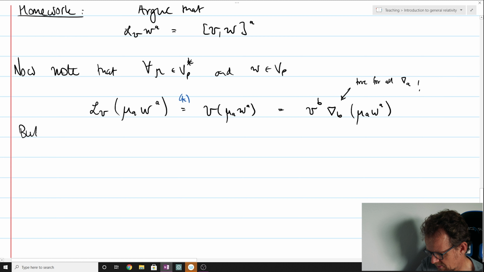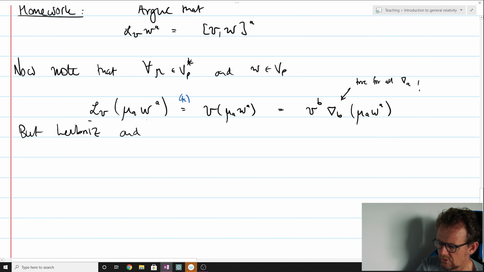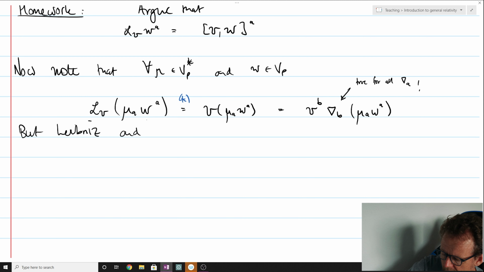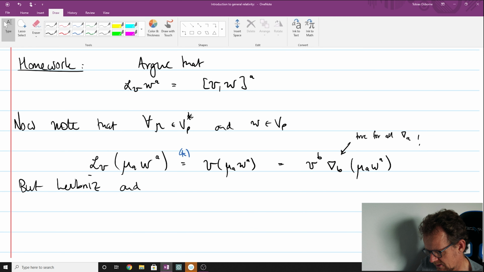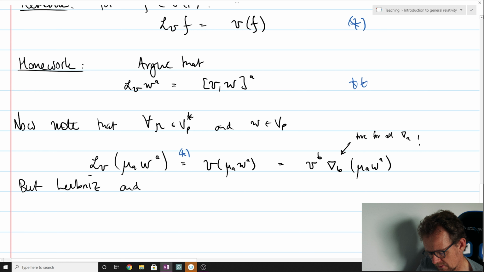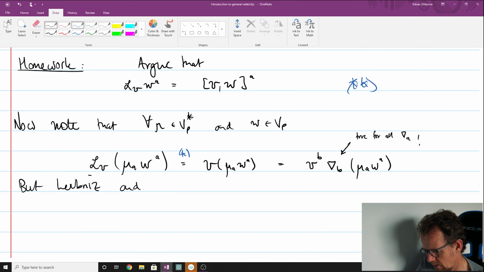And that's because the Leibniz property allows us to compute the Lie derivative by separately applying the Lie derivative to the dual vector and to W. So I need to name this second equation here that we're going to make use of. Here we go.